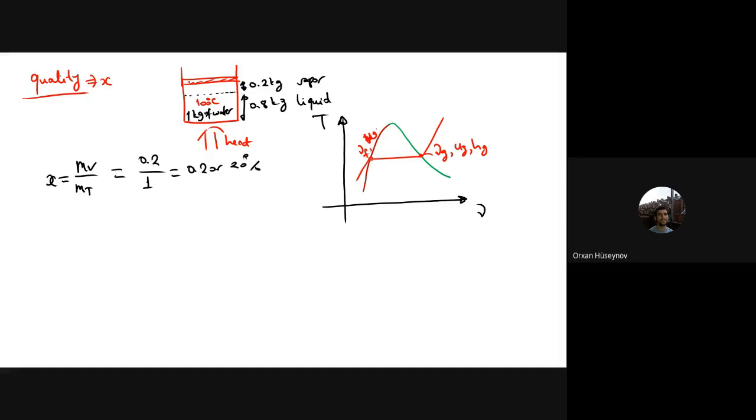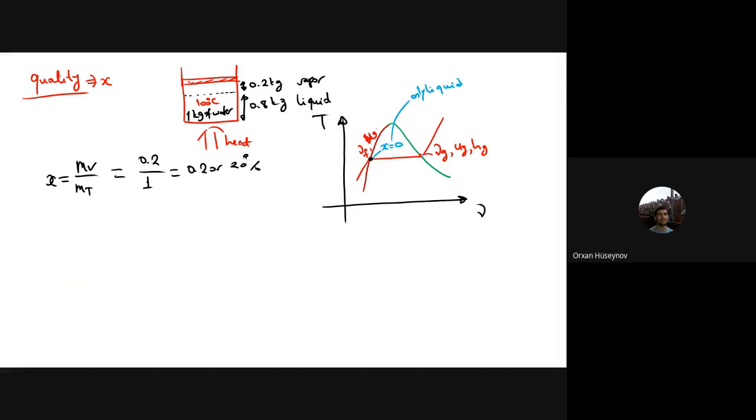If you are at the f point, here the quality of the water is 0. Here you don't have any quality. X is 0 because it is only liquid.